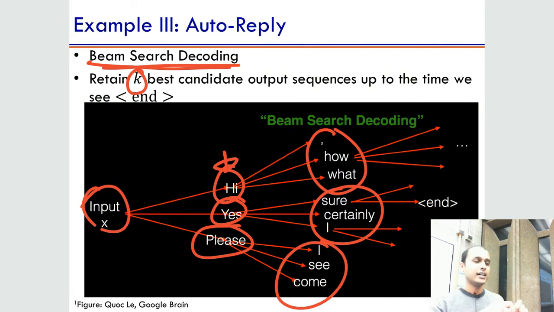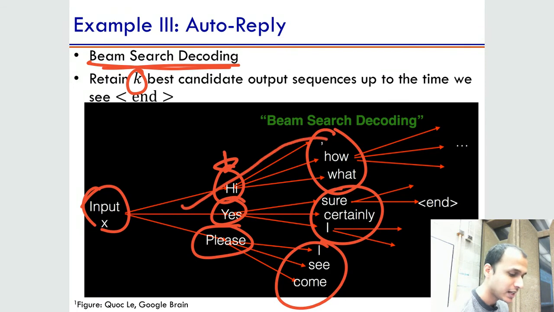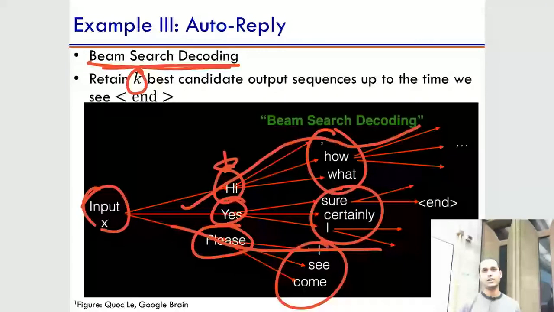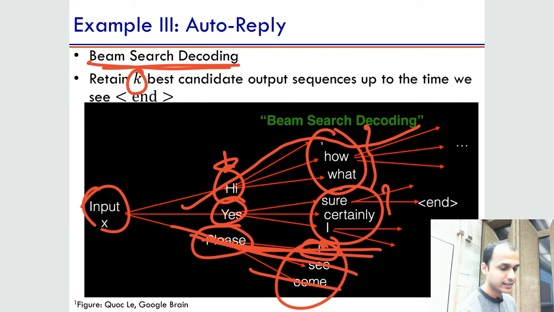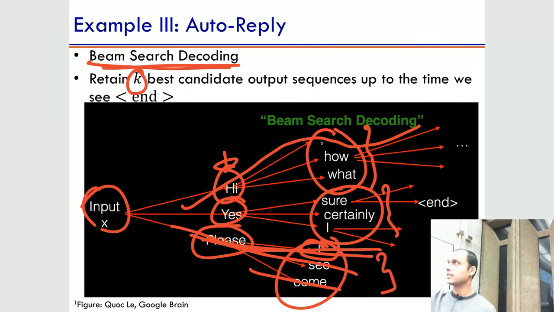I keep track of the probabilities for each path. So like please I. Please maybe had a probability value of, let's say, 0.6, and I had a probability value of 0.5. Then you multiply those two, for each path. So at the second word level, you have 9 choices, but you also have the product of the probabilities of the two words.